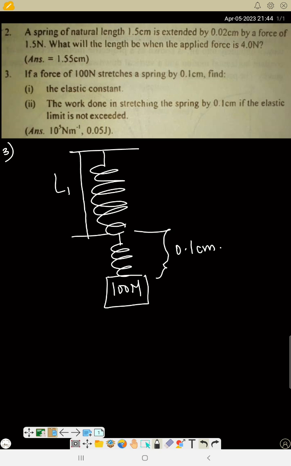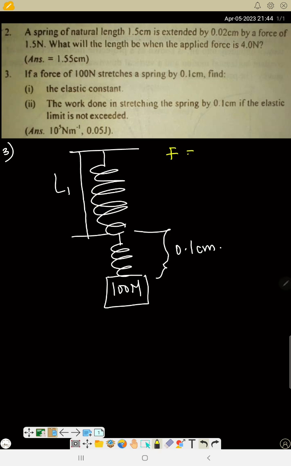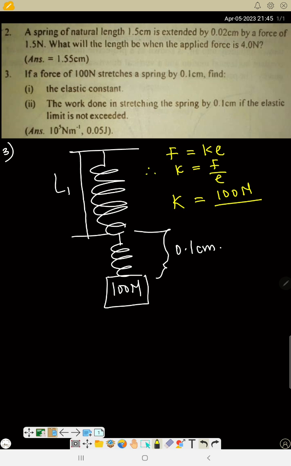To know the elastic constant, the formula that relates it is F equals KE. So remember, K equals F over E. That is your force constant or elastic constant. So K equals 100 Newton divided by E. That is your extension. So the extension is 0.1 centimeter.